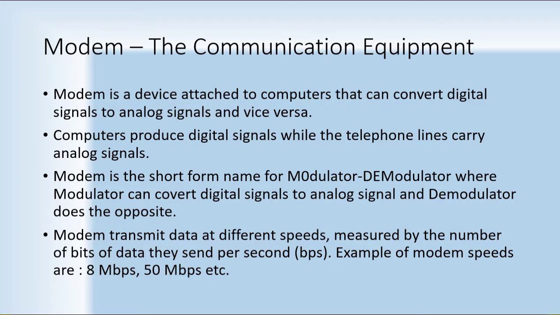So transmission is not possible without the help of the modem, and the modem is not only required with the computers, it is even attached with the fax machines or the other equipment which is used in communication, or even your cable network, television network, that too uses the modem.